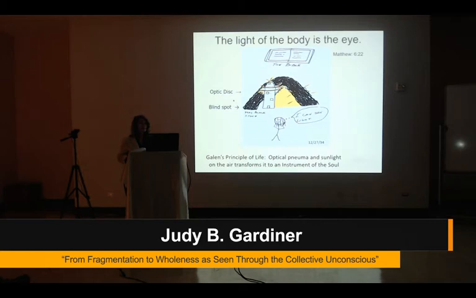So I like this a lot. The light of the body is the eye. And this was a dream, 1994. I hadn't even started decoding them at that point. But it was interesting that I drew that circle of light around the White House, but outside of it.